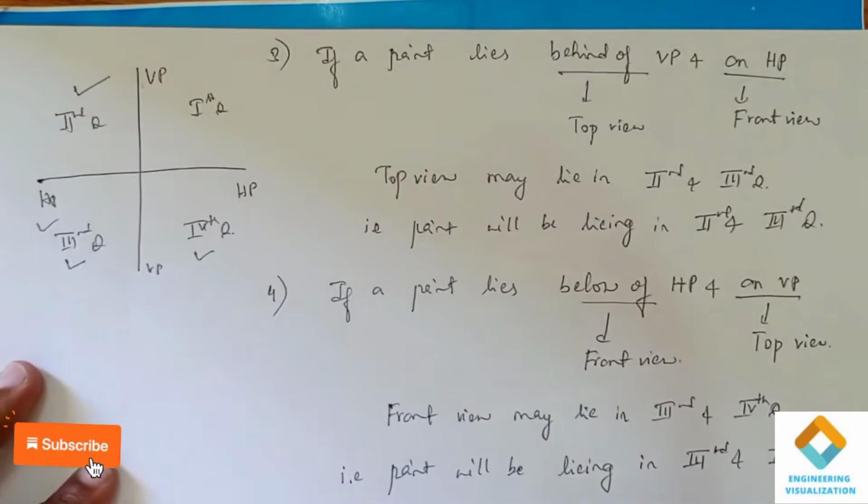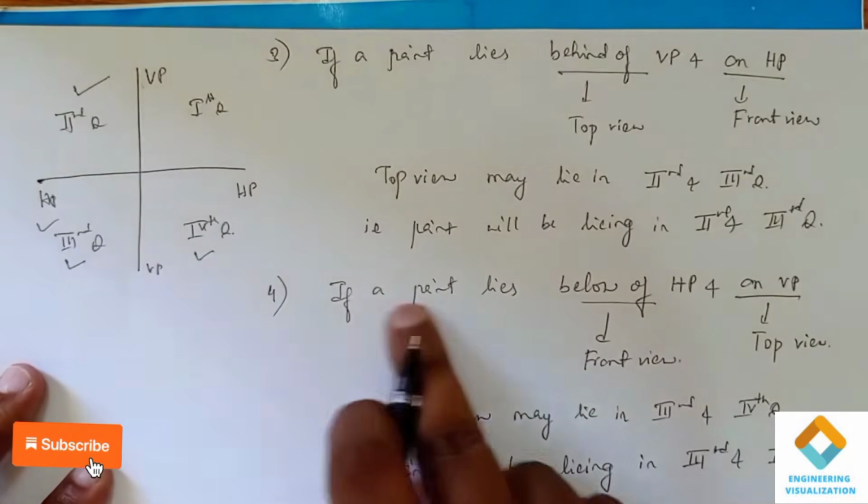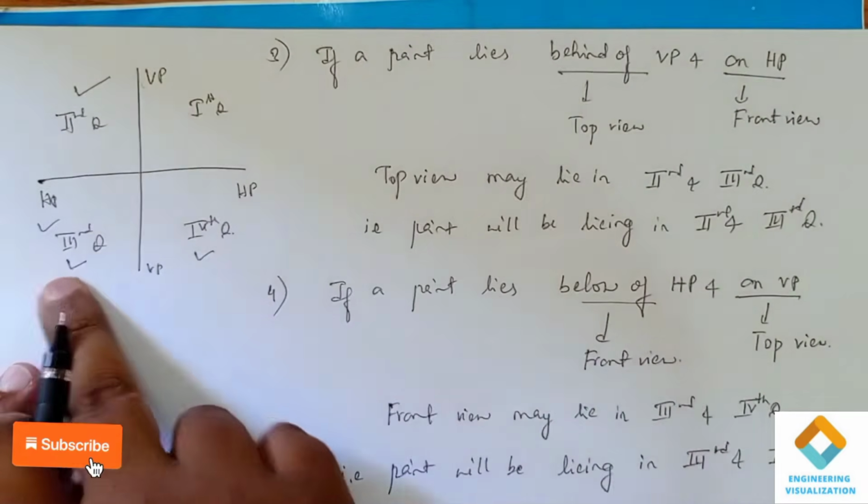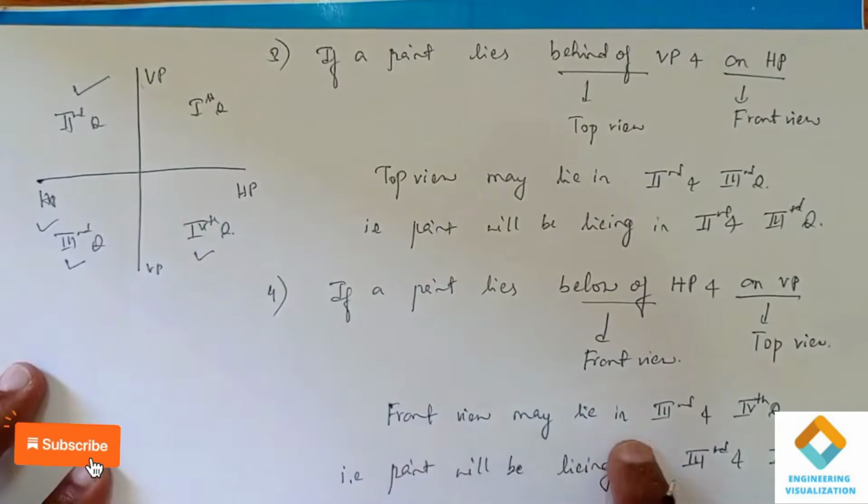So the point may be lying in third and fourth quadrant. Say if a point lies below HP and on VP, below HP means two chances, third and fourth quadrant. So the front view may lie in third and fourth. That is, finally the point will be lying in third and fourth quadrant.